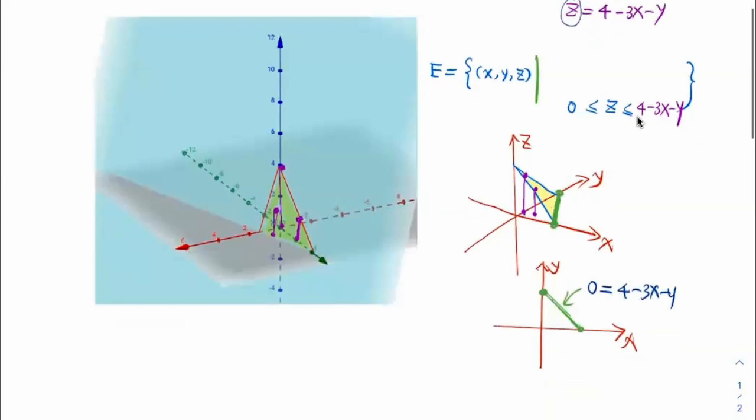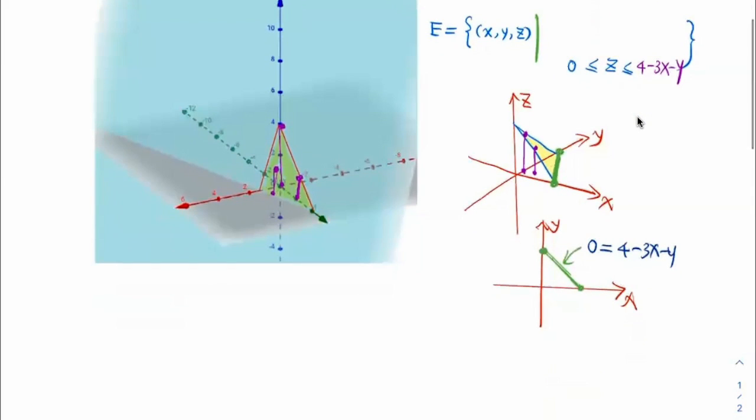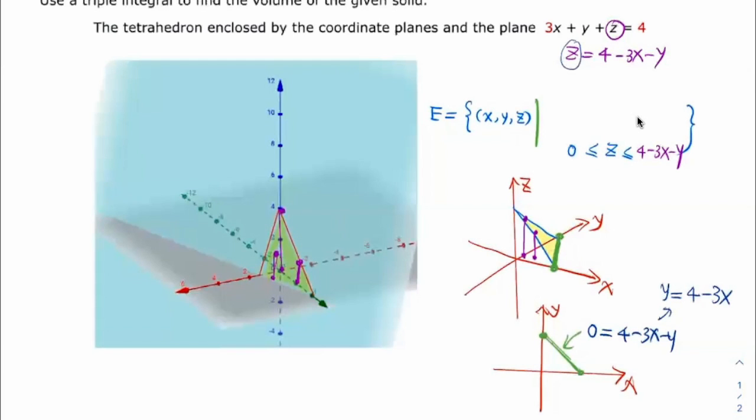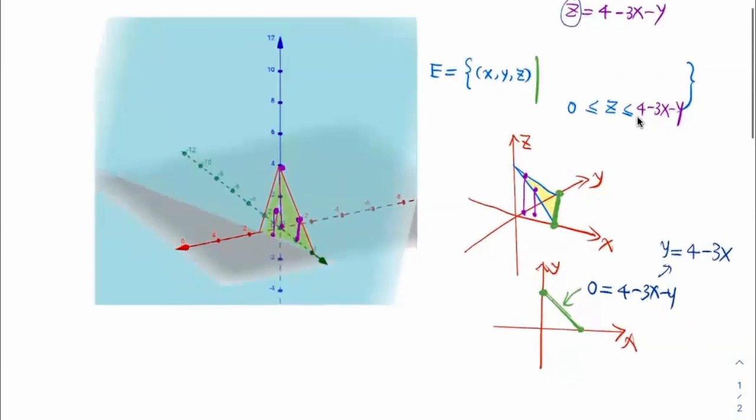In other words, if you solve for y, y equals 4 minus 3x. So you put it that way. The green line has this equation.